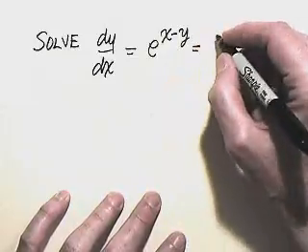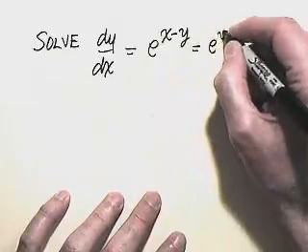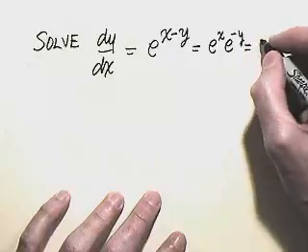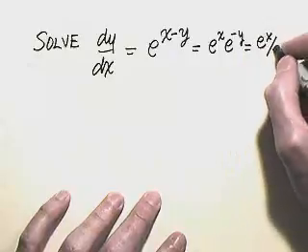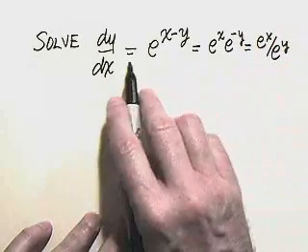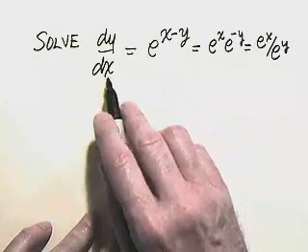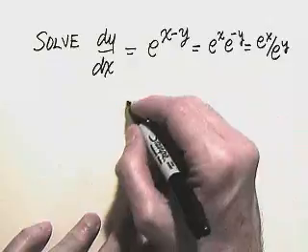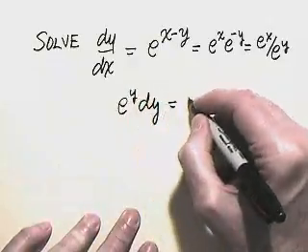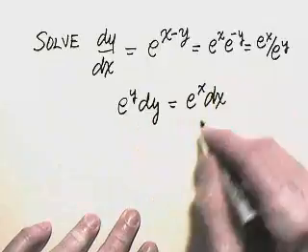Remember, e to the x minus y is the same as e to the x times e to the negative y, which is in effect e to the x divided by e to the y. So I'm multiplying both sides by e to the y and multiplying both sides by dx. We get simply e to the y dy equals e to the x dx.